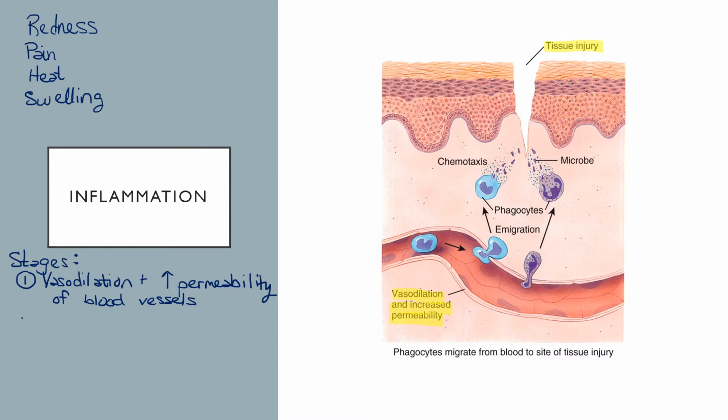Our stage number 2 is emigration of phagocytes from the blood into the interstitial fluid.